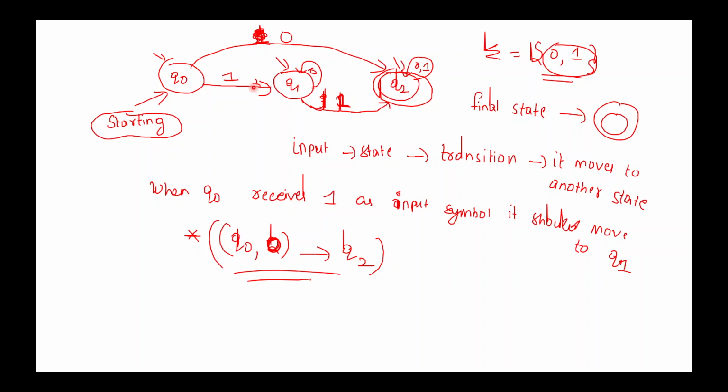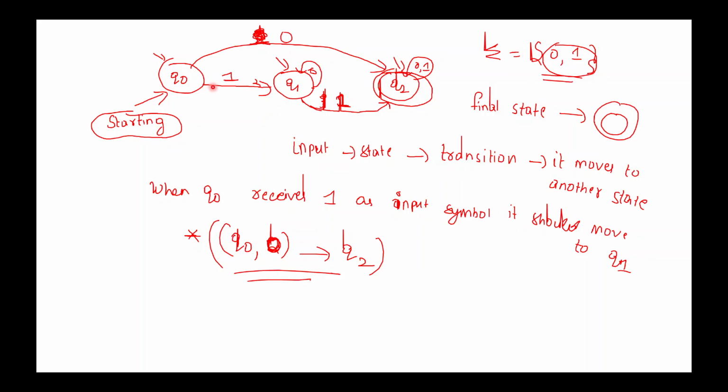And why is it called deterministic? Because every state should be defined on every input symbol, and each input symbol can only have one path. What that means is if q0 receives 0, then it will only have one path. Either it will go to q1 or q2 or q0.